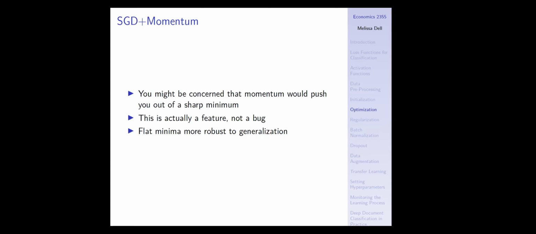If you have a flat min, that's likely to be more robust to generalization. So momentum may actually help you bounce out of these very sharp local mins that may not generalize as well at test time.